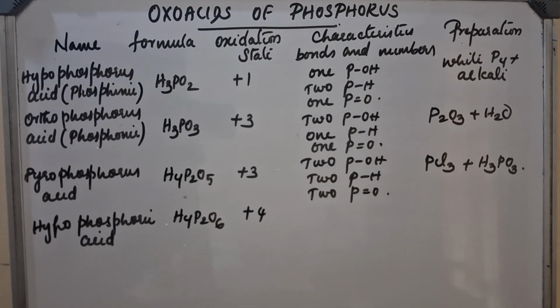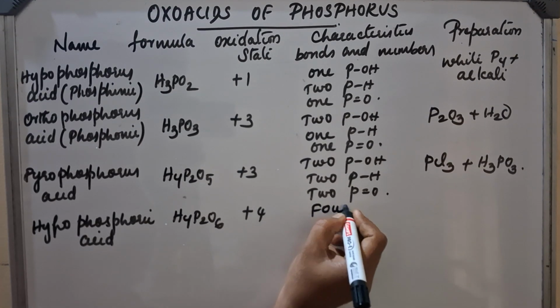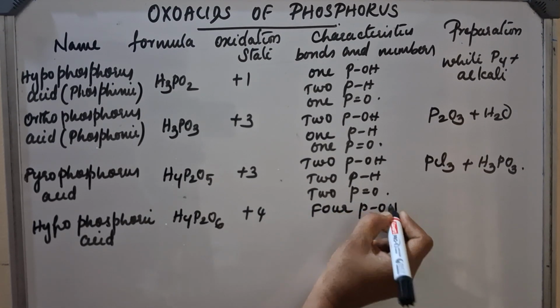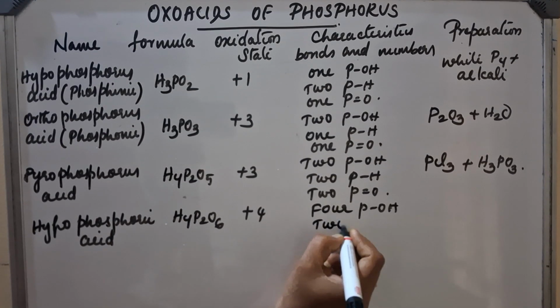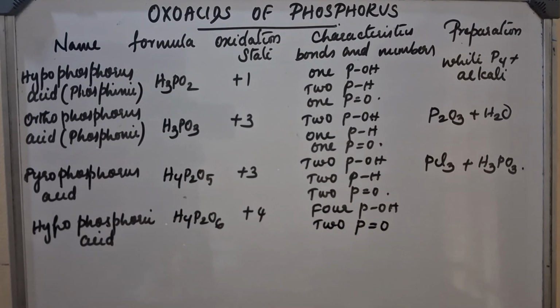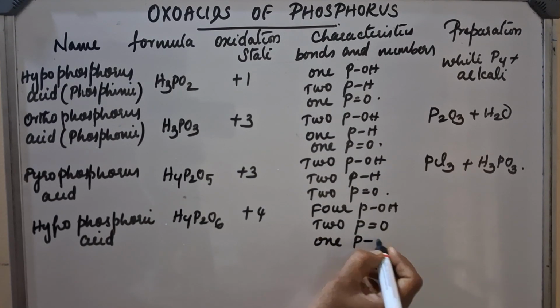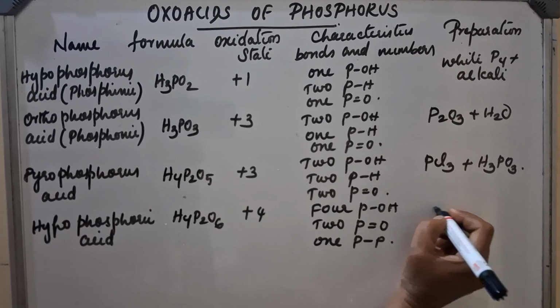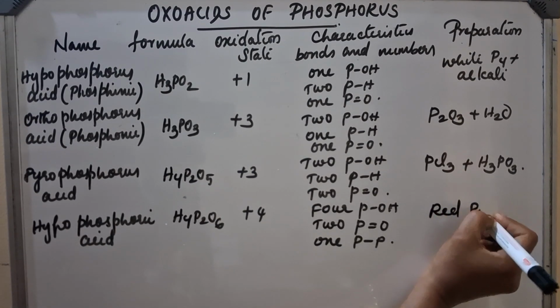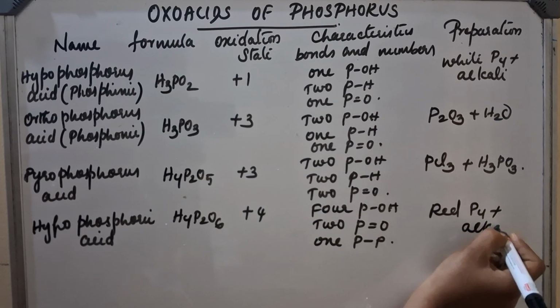The bonds present are 4 P-OH, 2 P=O and 1 P-P bond. See the difference, 1 P-P bond is there. Now, how can we prepare it? By the reaction between red phosphorus and alkali.